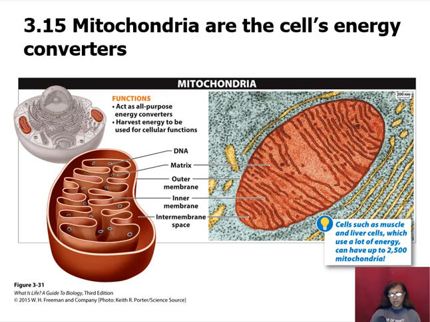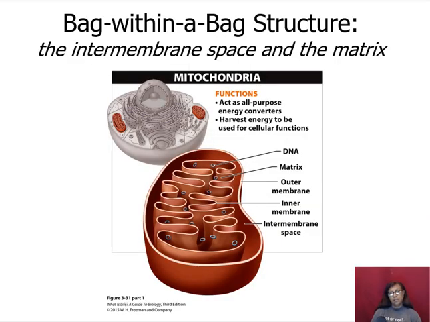Okay, so this is what the mitochondria looks like. We're going to talk about it much more when we get into energy, but it's basically what's called a double bag. You can see we've got an outside membrane here, and then we've got an inside membrane that is folded, hence the name double bag. And this is where the energy that we all use is created. So it's this bag within a bag structure. Okay, that is the mitochondria.